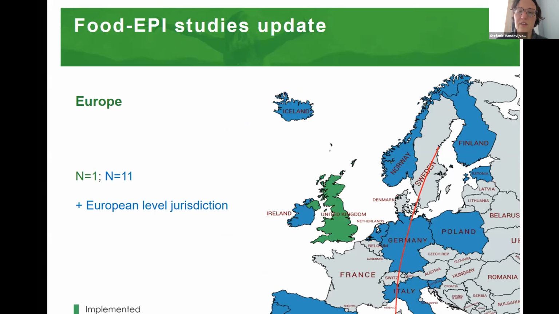Making the distinction where the jurisdiction of each country sits compared to the responsibilities of the European jurisdiction adds a bit of complexity to this kind of exercise. But it's nice that so many countries are doing it in Europe at the same time, which will allow some clear benchmarking for this region of the world.